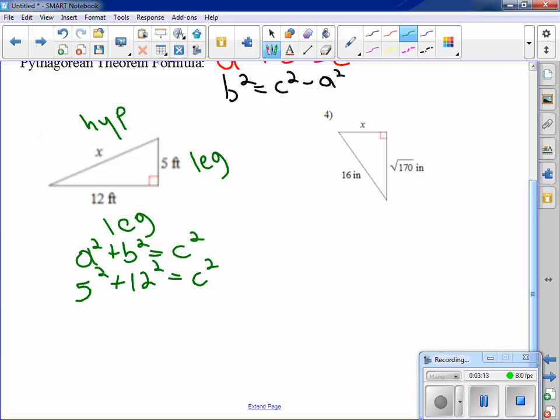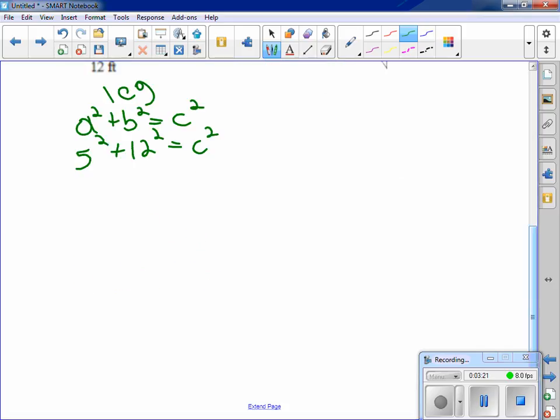I do encourage you, if this is the first time you've seen the Pythagorean theorem, to write down the formula for every single problem you do to help you memorize it. So 5 squared is 25, 12 squared is 144, and that'll equal c squared. So 25 plus 144 is 169.